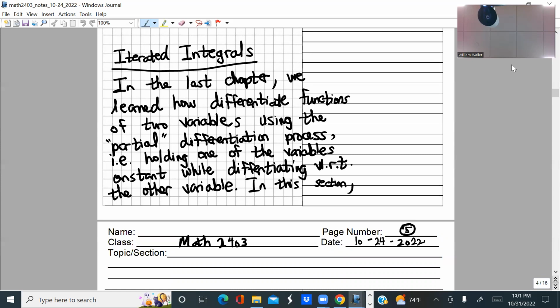The way we're going to carry out the integration is very similar to the way we did differentiation for a function of two variables. We're going to integrate by holding one of the variables constant and integrating with respect to the other variable. So we're just going to do kind of the inverse of partial differentiation, but we don't call this partial integration for some reason.